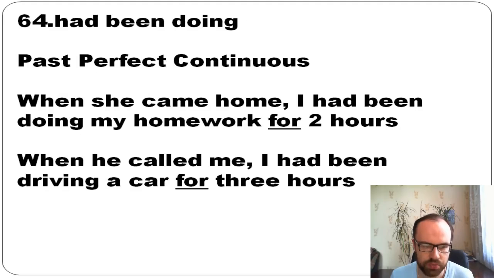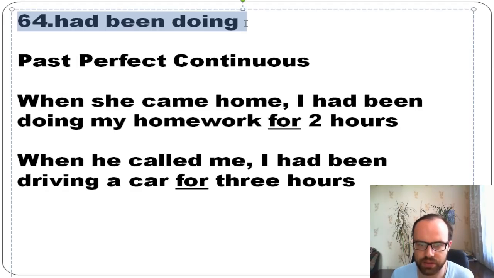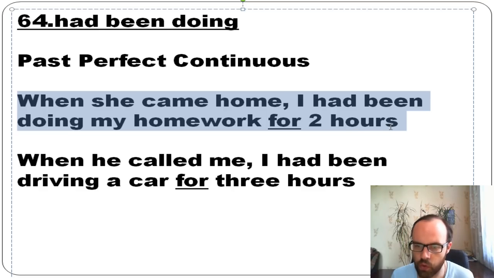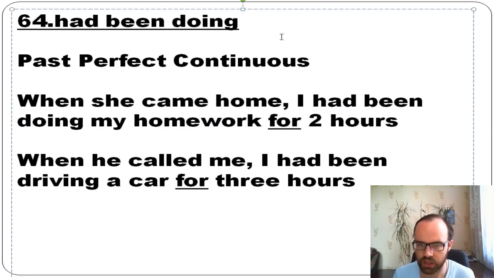Yeah, it's past perfect continuous, had been doing. Look, let's look at the situation. When she came home, I had been doing my homework for 2 hours. Had been doing.